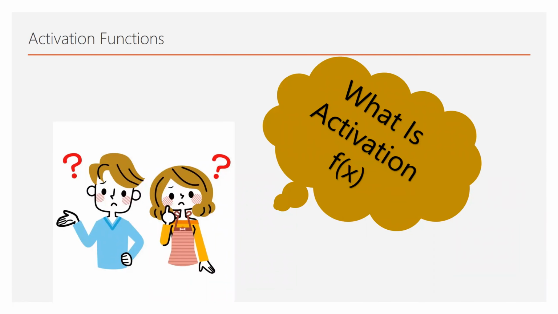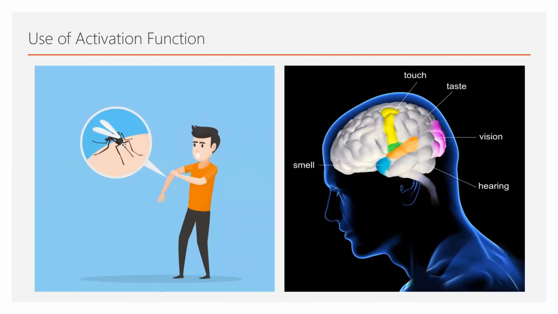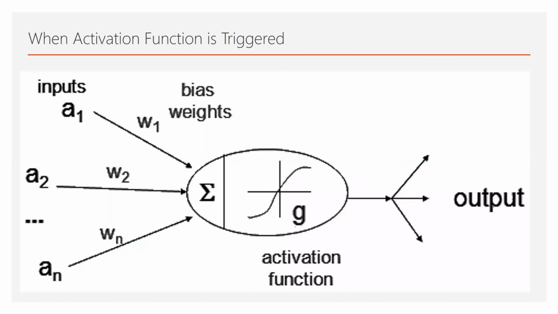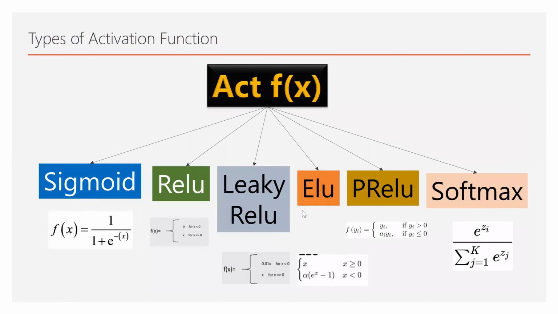So I hope you guys now understand why we need activation function. Activation function is used to trigger a neuron to get our desired output. In a simple way, activation function is used to get a desired output by triggering a neuron. When our output value goes from 0.5 to 1, then only a neuron will be triggered, as in the sigmoid explanation.